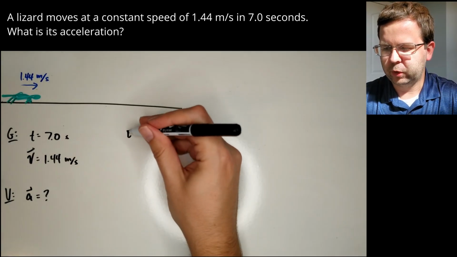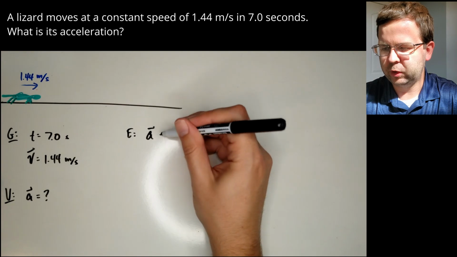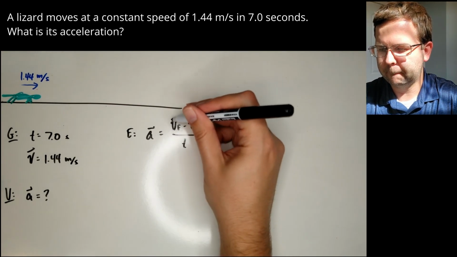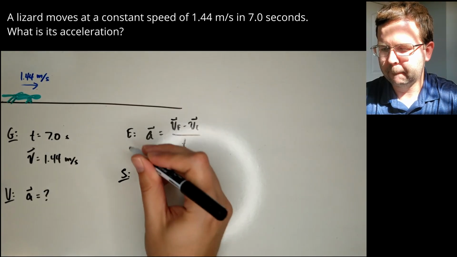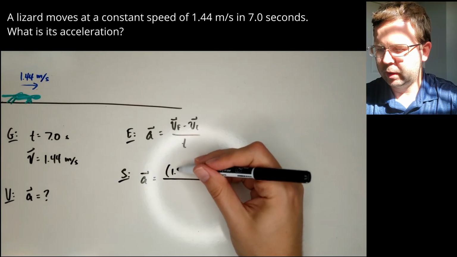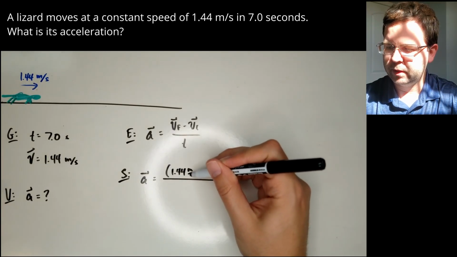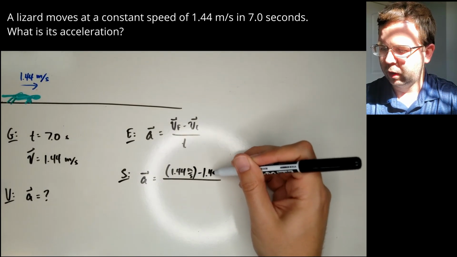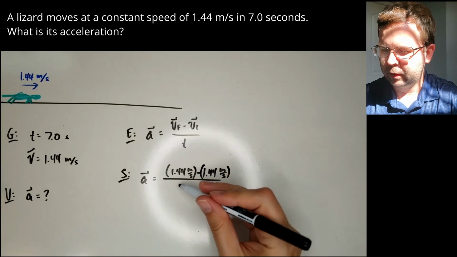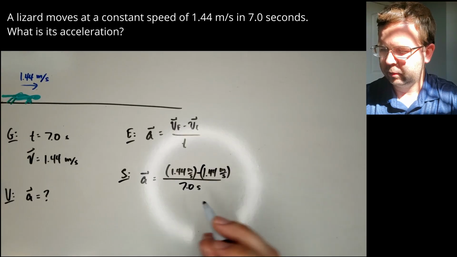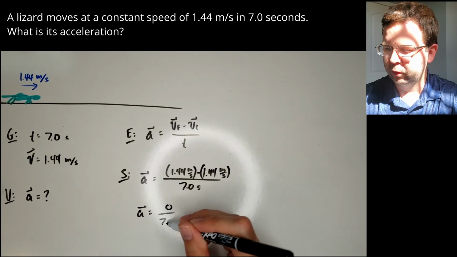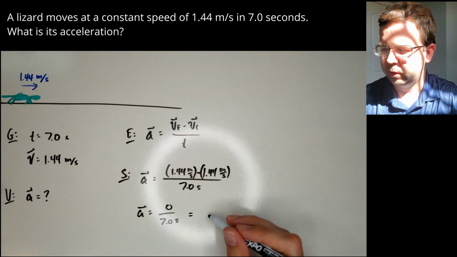If we were to put this into an equation where acceleration equals the final velocity minus the initial velocity over time, then you'll see if we just have the same velocity at the beginning and the end, then when we do our substitution step, they just cancel each other out, because 1.44 minus 1.44 is 0 over 7.0 seconds, but that's just going to be 0.